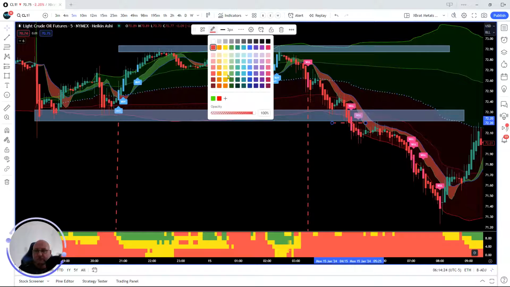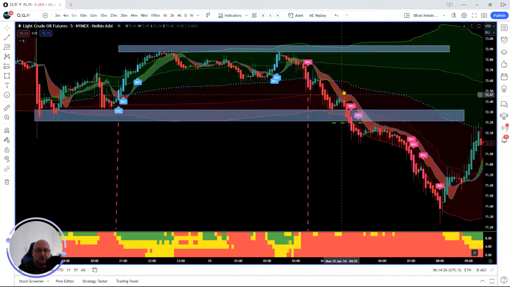If I change that to green for go, at this point we get another sell signal anyway. Okay, it meets the criteria. So in theory, if we don't get the breakout here, again, we've got the signal, we've got the confirmation, we're waiting for it to break that overnight support. That's our entry at 72.20.